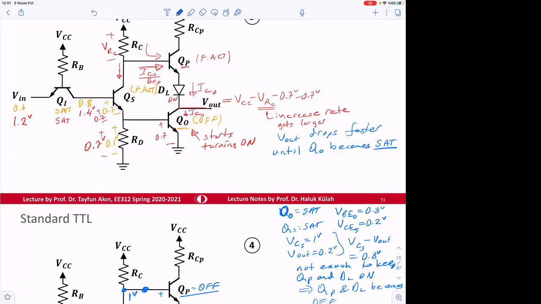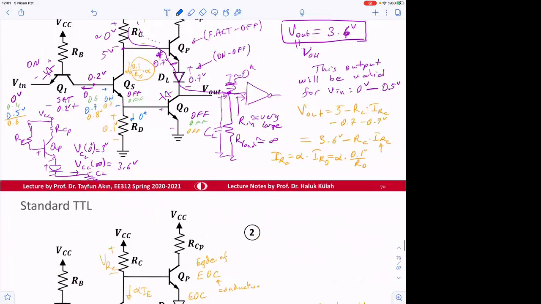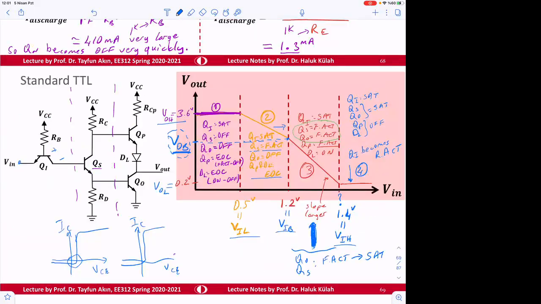VOB is the point where QS is forward active, and QO is off.